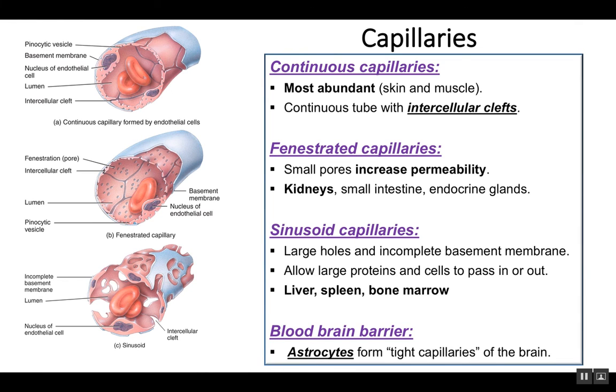The astrocyte has projections that form around the capillary, and this reduces the amount of material that can get into your brain, which is a pro and a con. The pro is that it prevents things from getting into your brain that shouldn't be, like toxins or pathogens. The con is if we want to get something into the brain, maybe a new medication, it might be very difficult to get certain chemicals into the brain because of this blood-brain barrier.